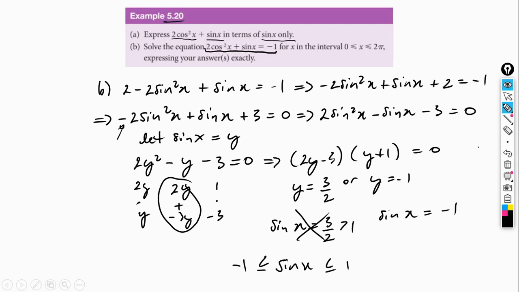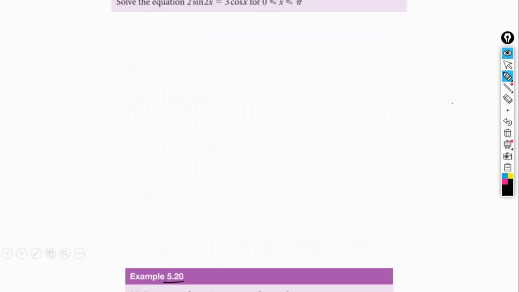And then sine of x equals negative 1 in this interval between 0 and 2 pi, including 0 and 2 pi, we know there's only one solution. And if you think of it, it's going to be over here, where the coordinate of that intersection is 0, negative 1. And that's for x equals 3 pi halves, which is the only solution for the equation.